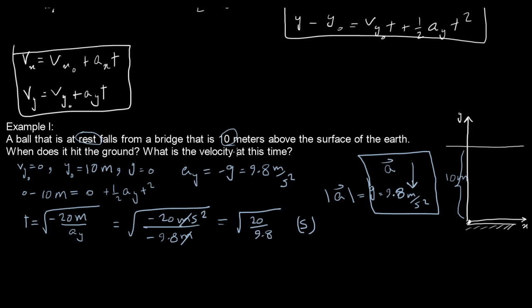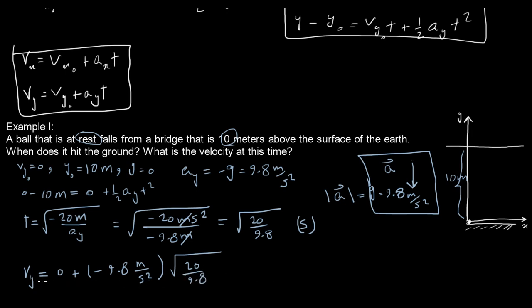Now let's see what is the velocity at this time, which is this time. So now we need to use this other equation, and we want the velocity vy equals vy naught, which is 0, plus ay, which was already here, minus 9.8 gravity meters per second square times t, which is square root of 20 over 9.8.